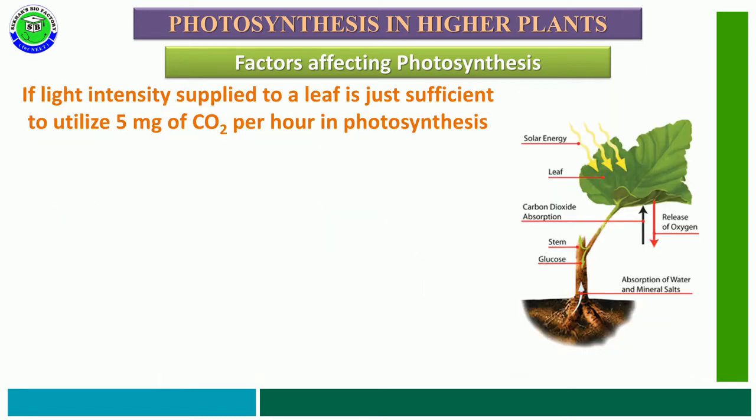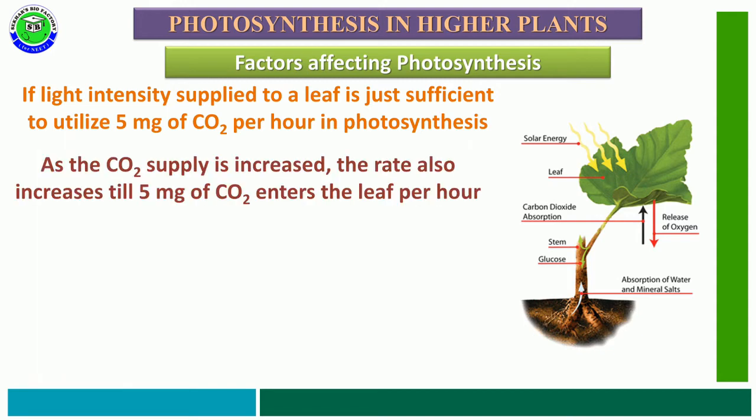Along with this, one more example: if the light intensity supplied to a leaf is just sufficient to utilize 5 grams of carbon dioxide per 1 hour in photosynthesis, then as the CO2 supply is increased, the rate also increases till 5 grams of carbon dioxide enters the leaf for photosynthesis per 1 hour.